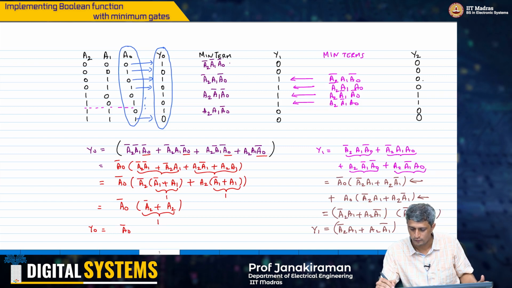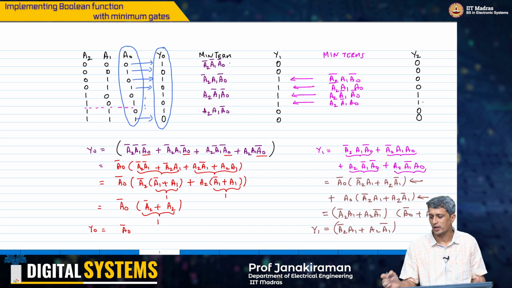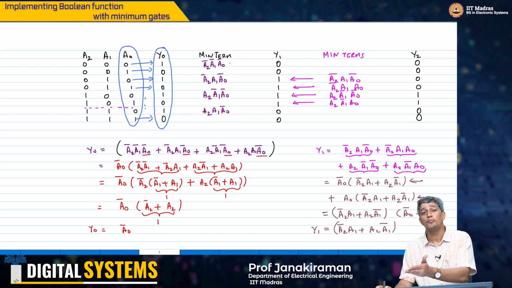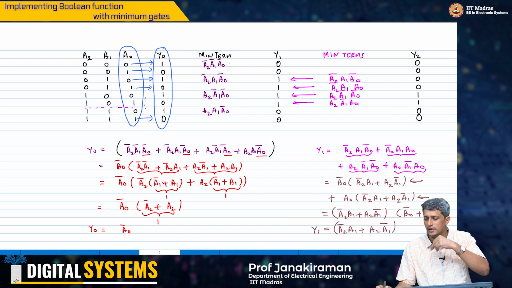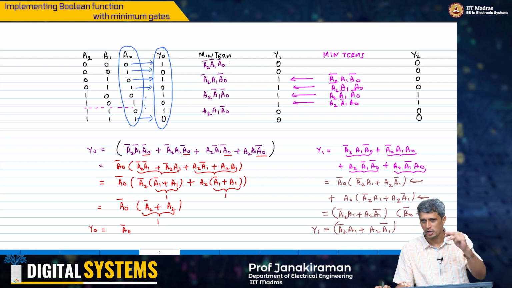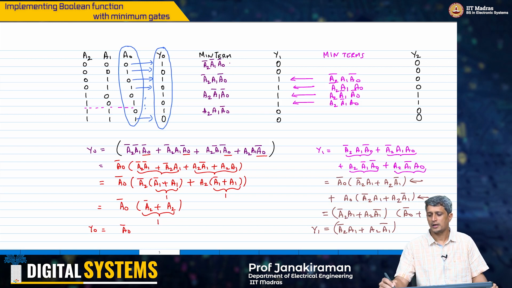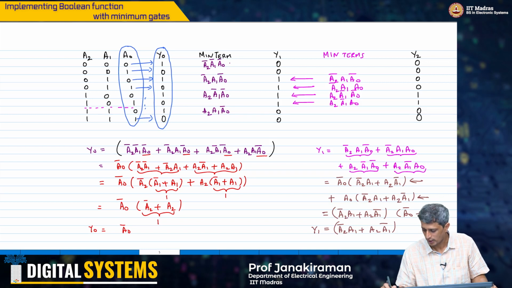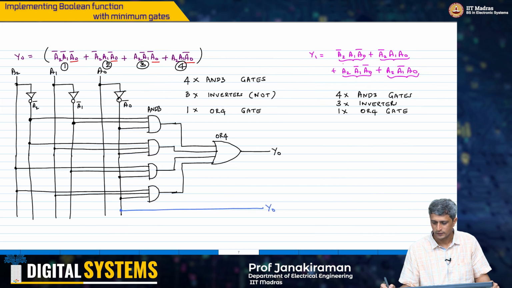Suppose this were the case, then to implement y2 I would of course need the three input AND gates, because that just depends on the number of inputs. But the number of OR gates I would have needed is one 2 input OR gate. So that is for y2.